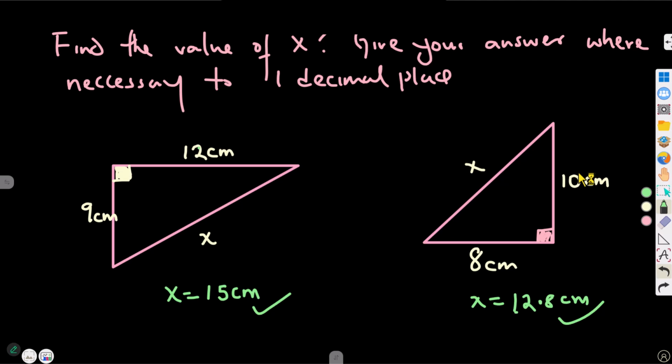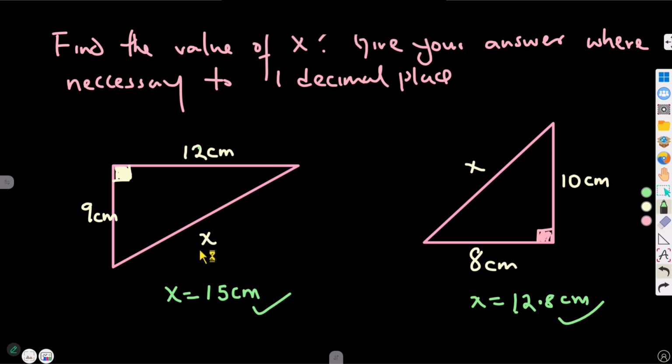Now, sometimes you might be given the longer side. You might just be given this side, which is the longer side, and maybe this side is not given and this other side is given. So you will need to work out this.